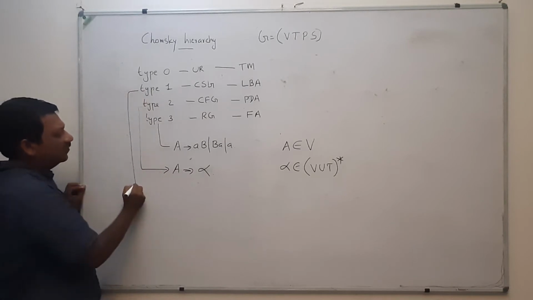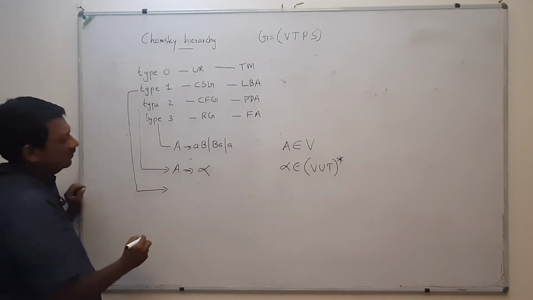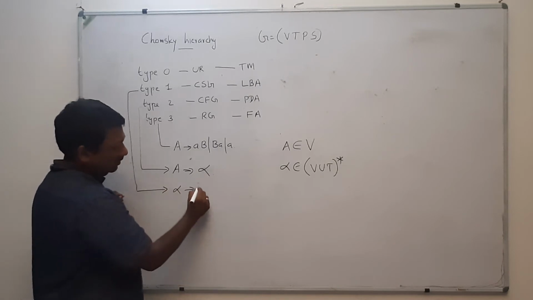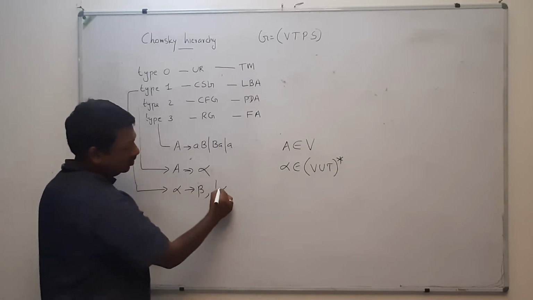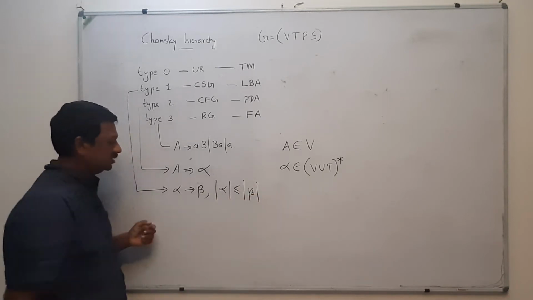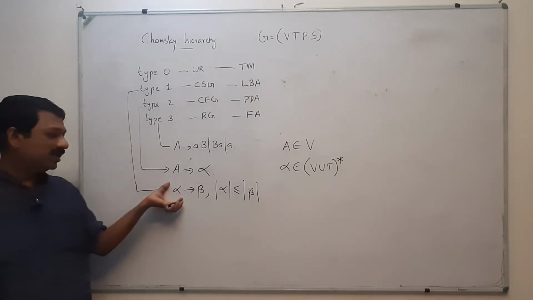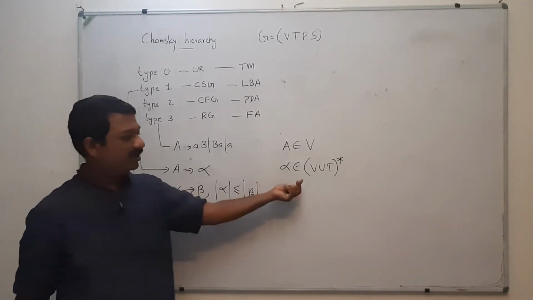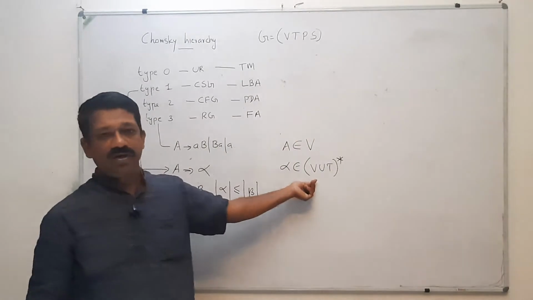And type 1 grammar is alpha derives beta, and the condition is modulus of alpha less than or equal to modulus of beta. That means the left hand side as well as the right hand side is a mix of terminals and non-terminals.